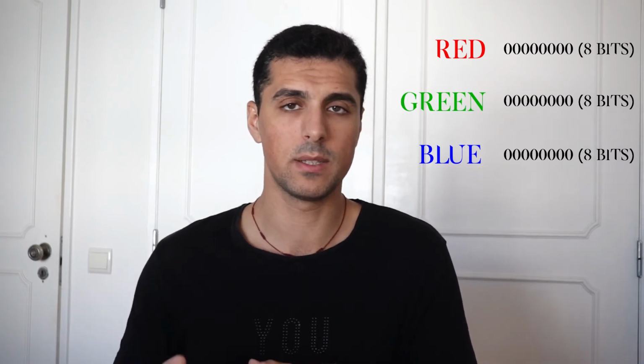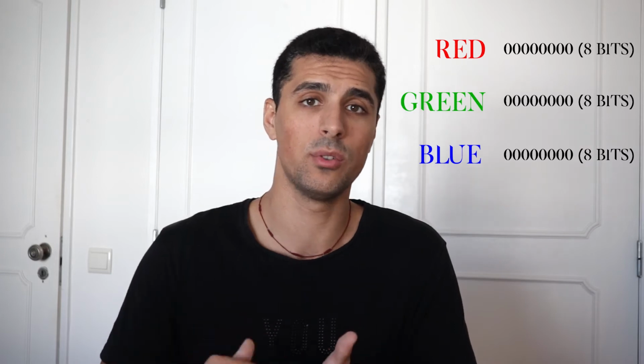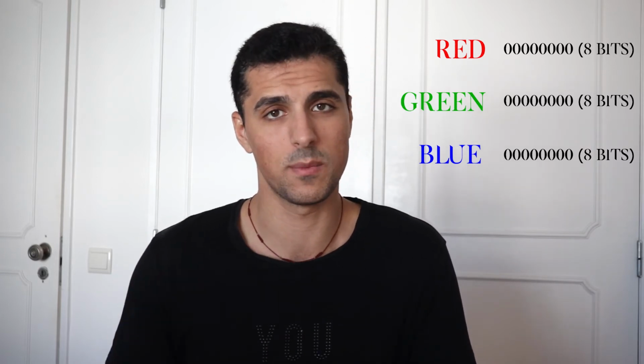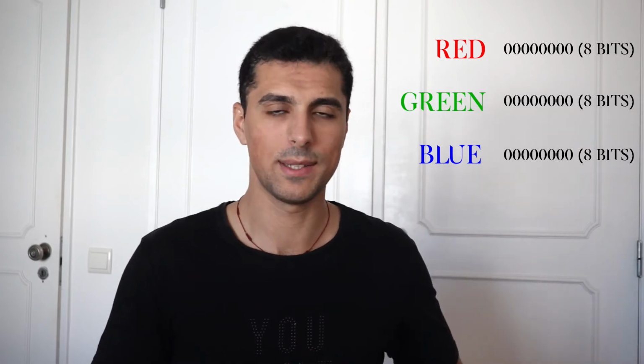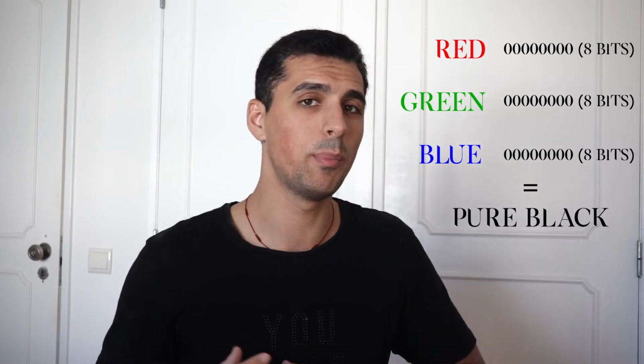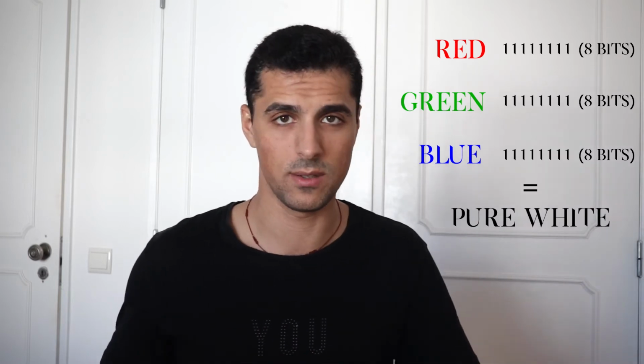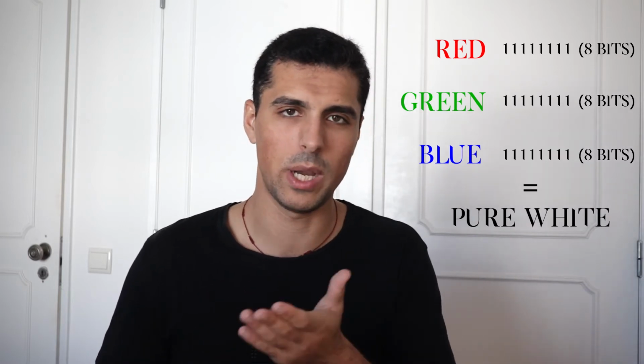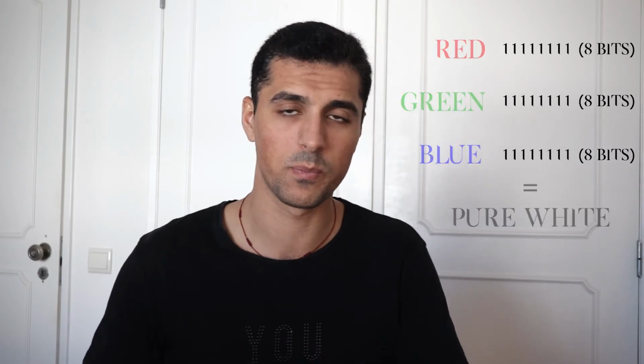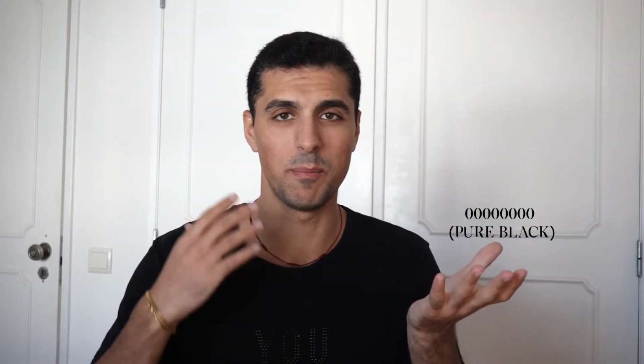And these bits can, once again, be either on or off, or 0 and 1s. So our pure black is all zeros and our pure white is all 1s. But that still doesn't explain why do we have 255. So let's take our pure black and pure white with its own 8 digits.